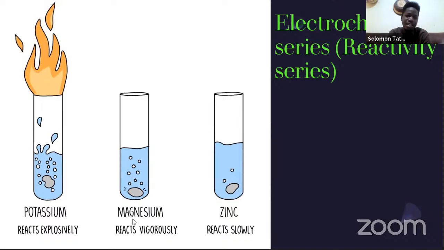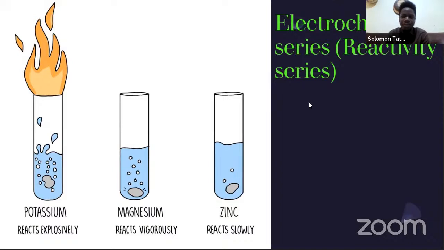Some react vigorously, meaning there is a lot of activity during the reaction. Others react slowly, and that's what we are looking at when we say the reactivity series. We're just concentrating on how different metals react. Today we shall see how they react in relation to oxygen.